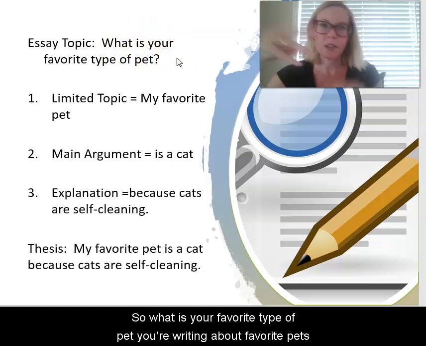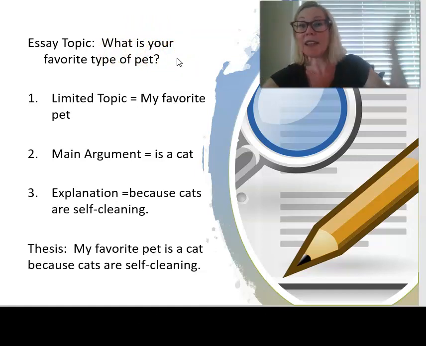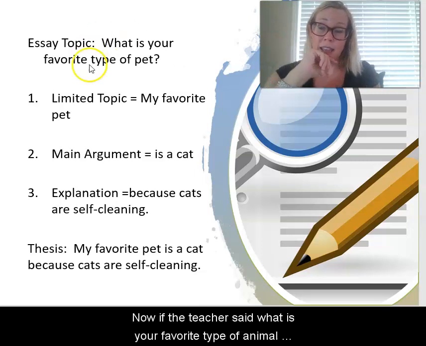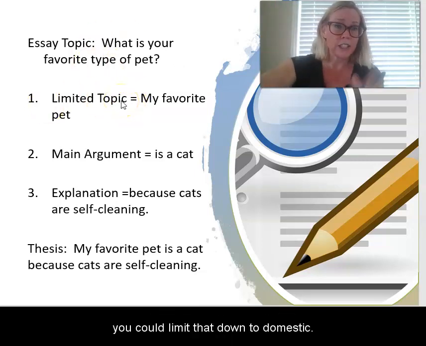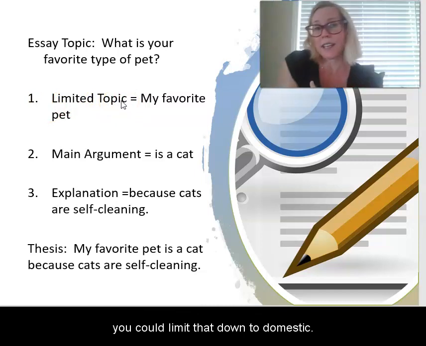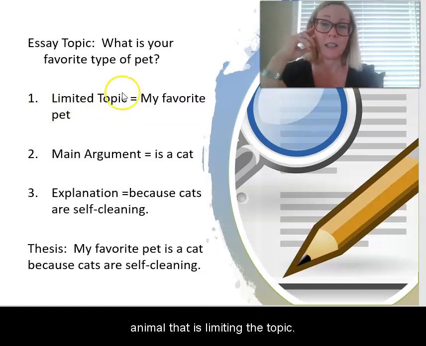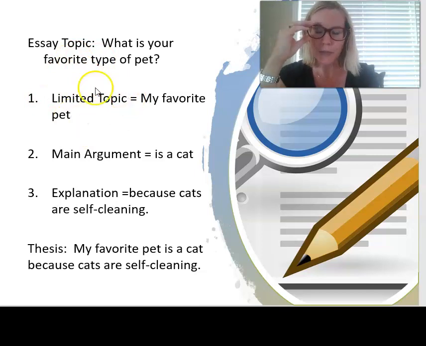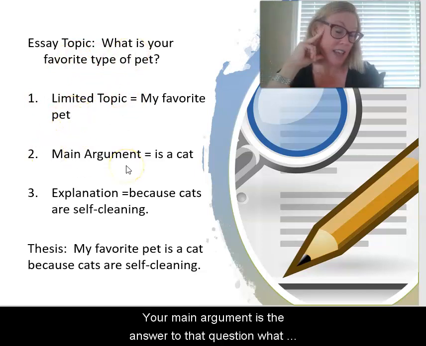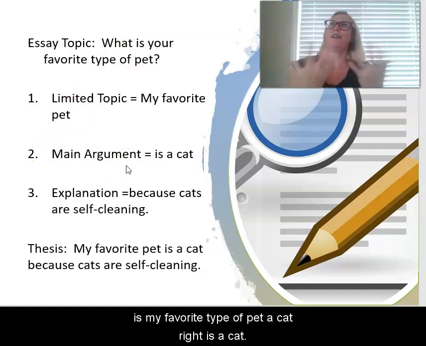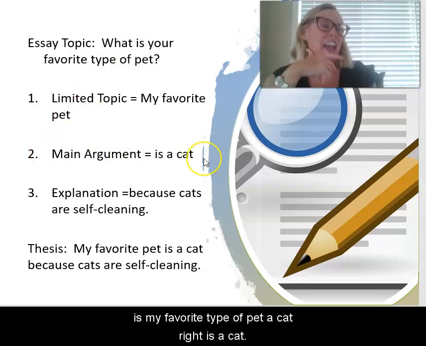You're writing about favorite type of pets, right? That's the limited topic. Now, if the teacher said, what is your favorite type of animal? You could limit that down to domestic animal if you wanted. That's that limiting section. Your main argument is the answer to that question. What is my favorite type of pet? A cat, right? Is a cat.